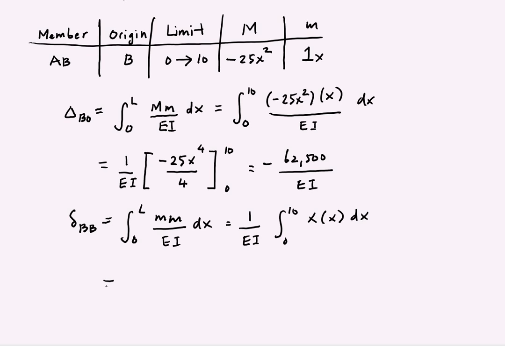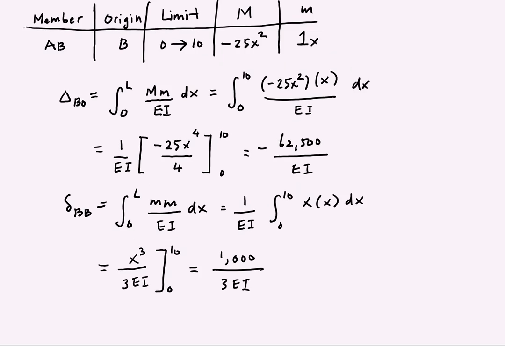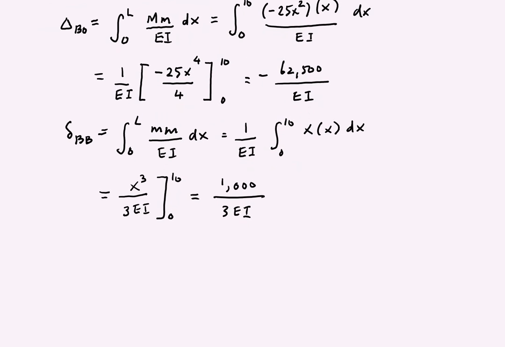If you solve this, you get x cubed divided by 3 EI, where the limit is 0 to 10. So you will get 1000 over 3 EI.